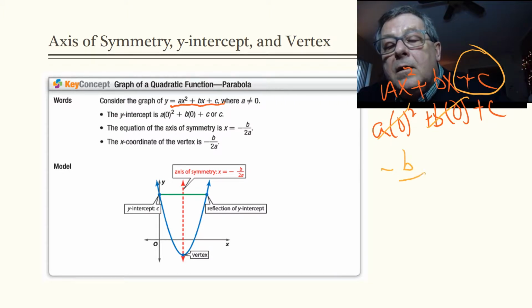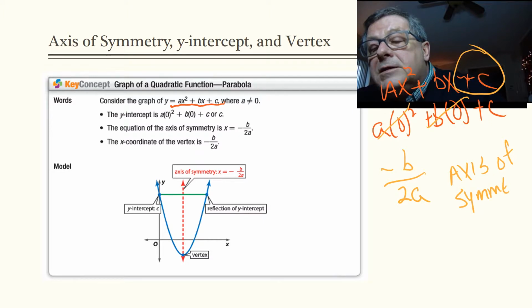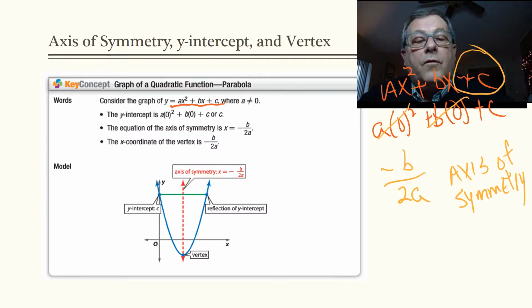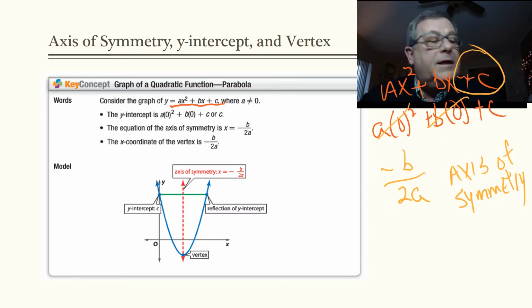Negative b over 2a is going to give me the axis of symmetry, and it also gives me the x-coordinate of the vertex. Negative b over 2a. Axis of symmetry, y-intercept, and the vertex. Let's go look at an example.